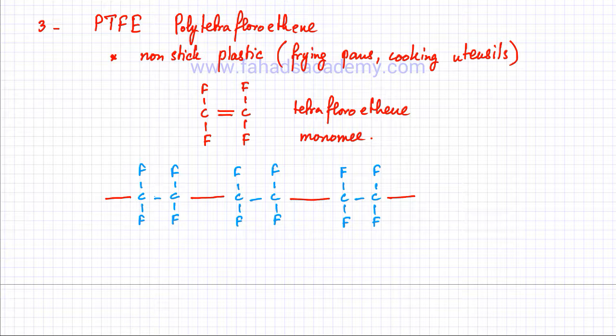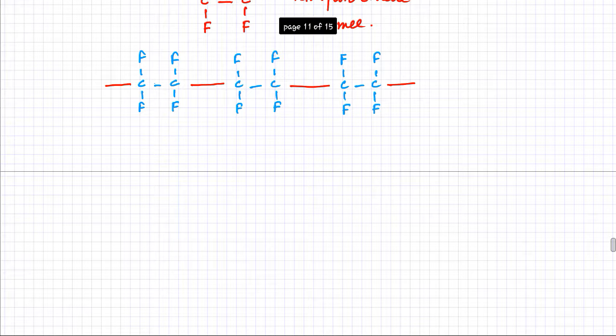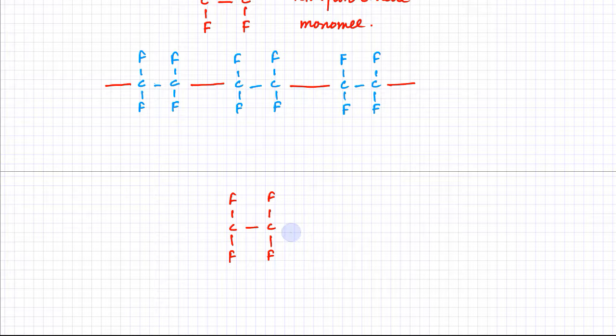And to draw a compressed version of this exact same molecule, I would draw 1 repeat unit, which is the monomer residue. So that repeat unit is this, which is going to repeat over and over again.